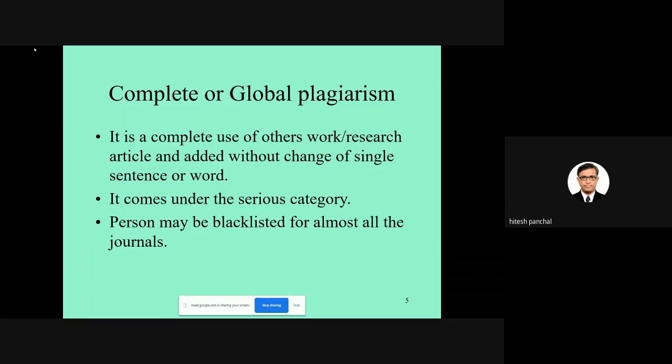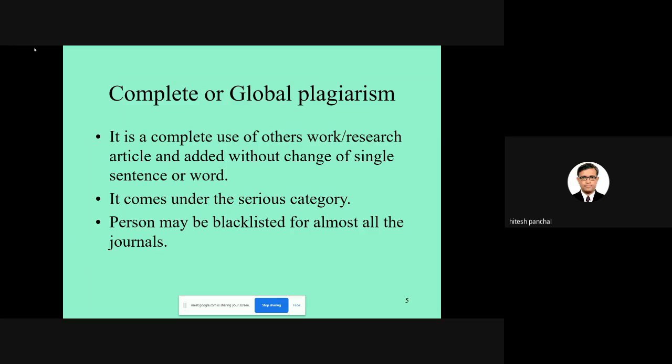That is a serious category, and definitely you will be blacklisted, not only by that journal but also by other journals. Because at present, suppose you submit a research article elsewhere and you are found to have used global plagiarism, the editor-in-chief will circulate your name and your institute address in his or her group.